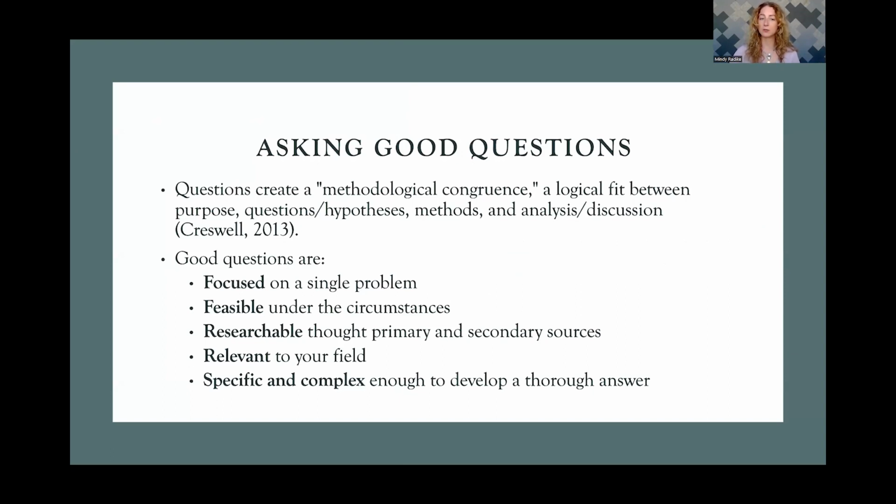They're feasible under the circumstances. They're researchable through primary and secondary sources. They're relevant to your field, and specific and complex enough to develop a thorough answer. So before we can even begin the writing process of the QI, we need to make sure that our questions are strong questions that are ultimately going to produce a really strong paper.